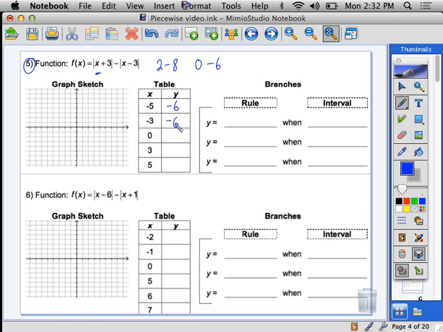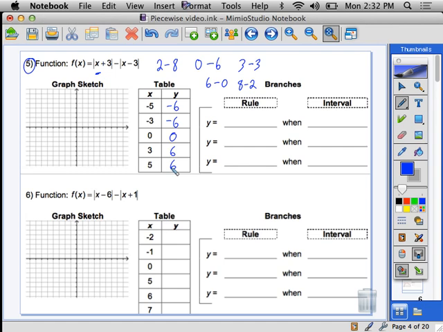And then if x is 0, I get 3 minus 3, I get 0. And when x is 3, I get 6 minus 0. So I have a positive 6. And when x is 5, I get 8 minus 2, which gives me a positive 6.